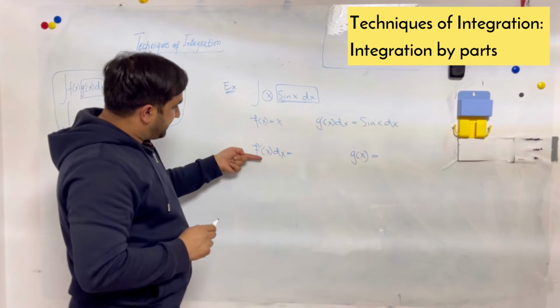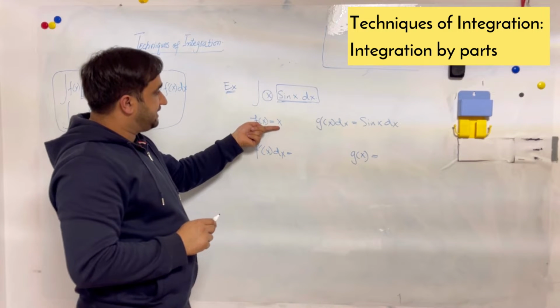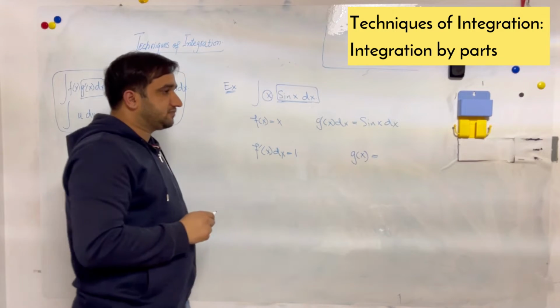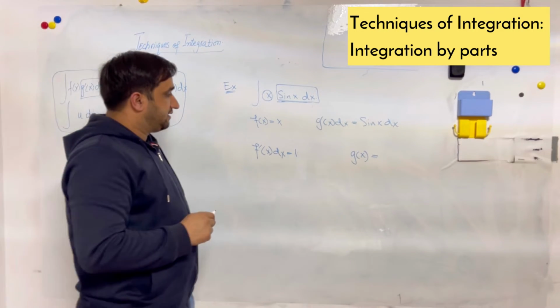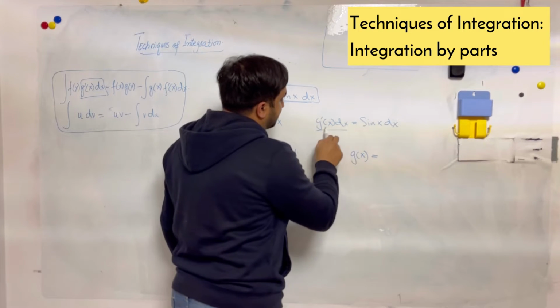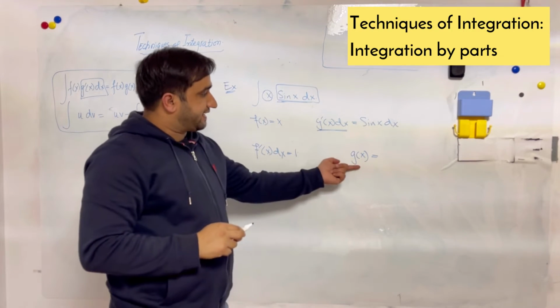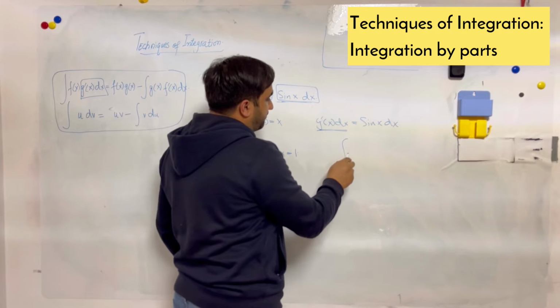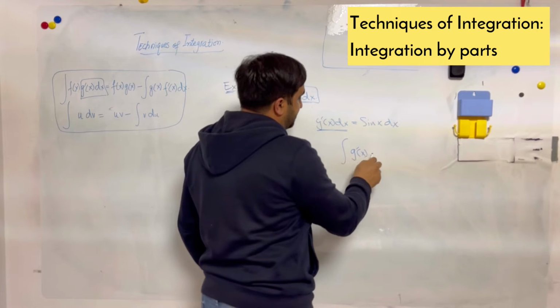Now to get f dash of x dx means simply differentiate this equation. So it is 1, right? And this is g dash x dx. And to get g of x, it means you have to integrate this equation. You have to apply an integral on this equation.